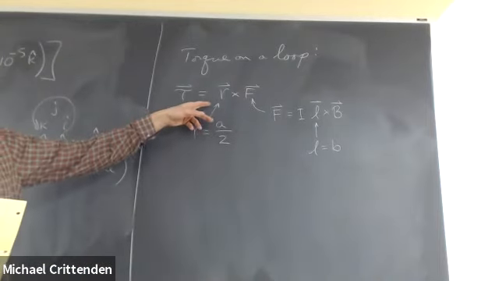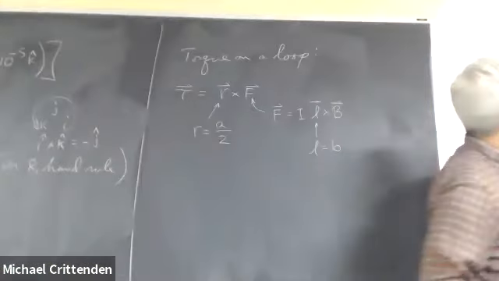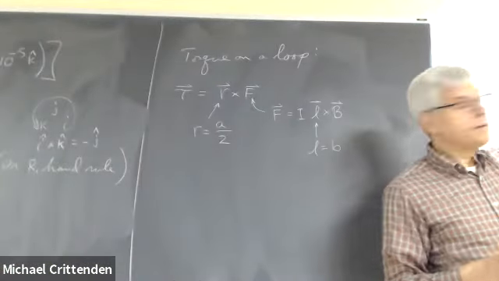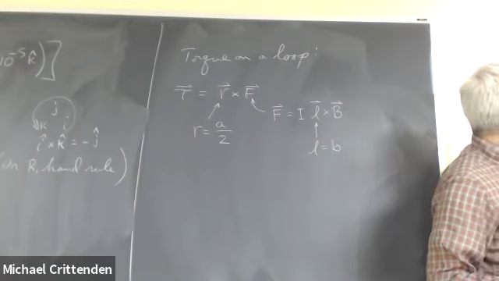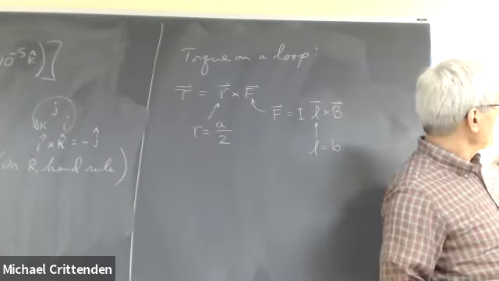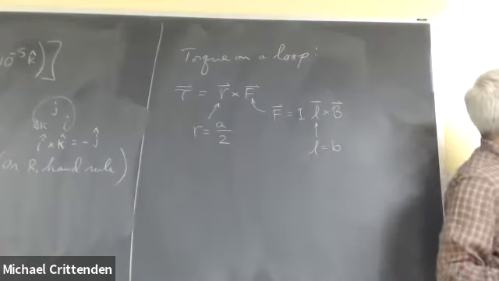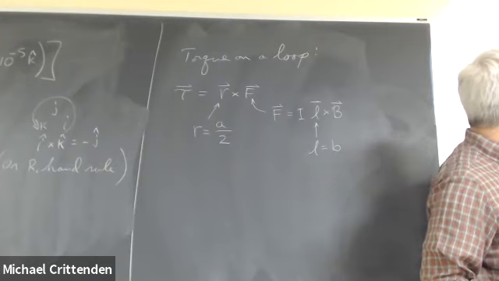As for the radius, the magnitude of the radius vector, well, the axis of rotation goes down the middle of this thing. If you think of it as dangling from a thread so it's free to rotate, the thread is the axis of rotation right in the middle.